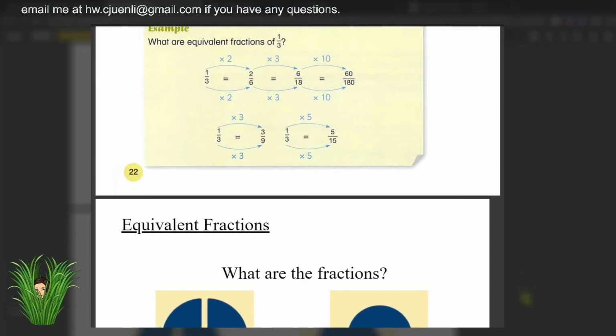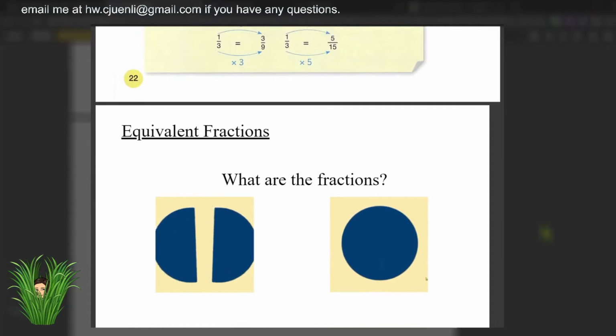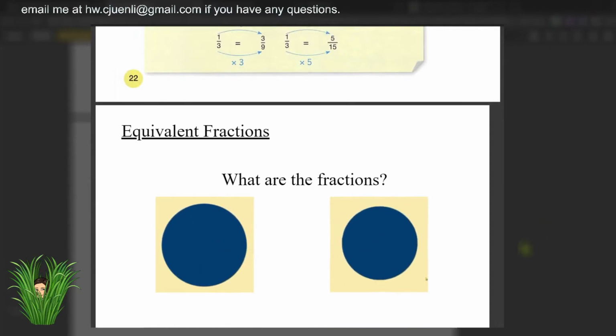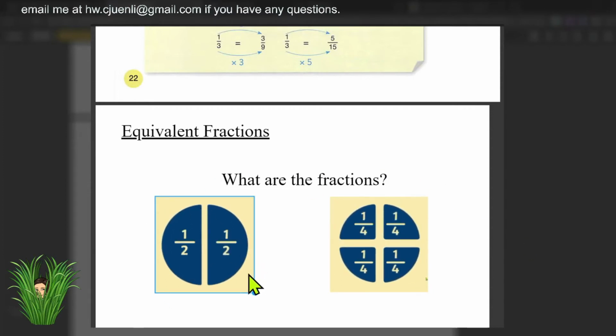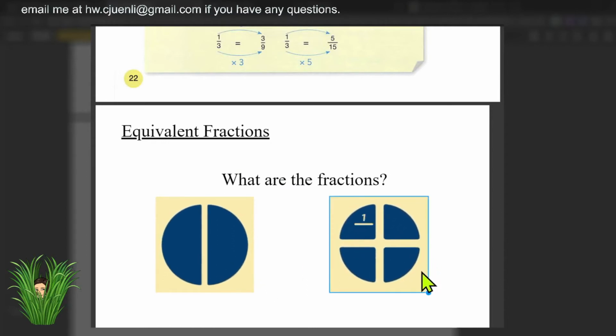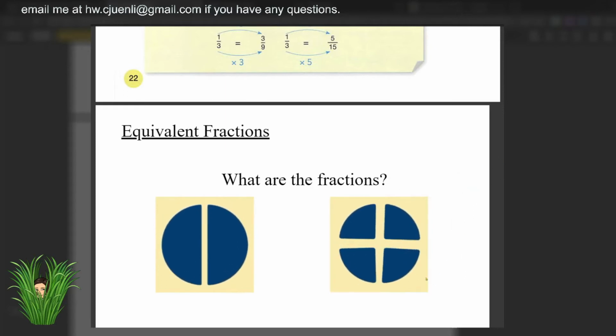The first question that I want to ask you is, look at this GIF over here. What are the fractions? As we can see, the first one is 1 over 2, or a half, whereas the other one is 1 over 4, or a quarter. So what are the equivalent fractions?